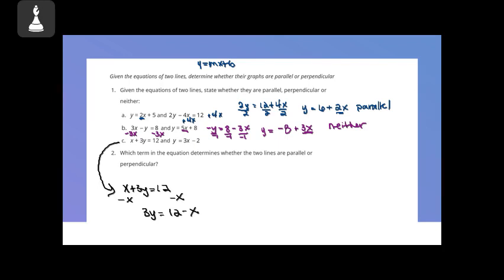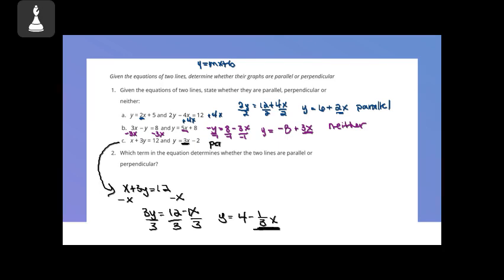That tells me y equals, well, 12 divided by 3 is 4, minus, and there's an invisible 1 here, so 1/3 x. So looking for the x term, I have negative 1/3. And looking for the x term here, I have 3x. So negative 1/3 and 3 are opposite reciprocals. So this is perpendicular.